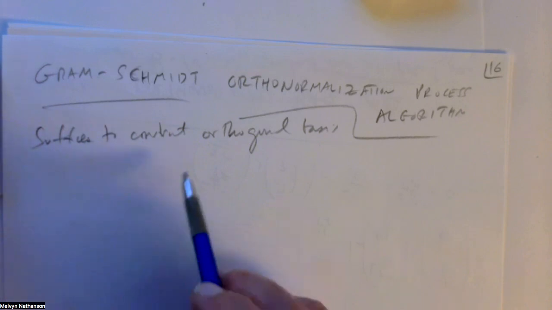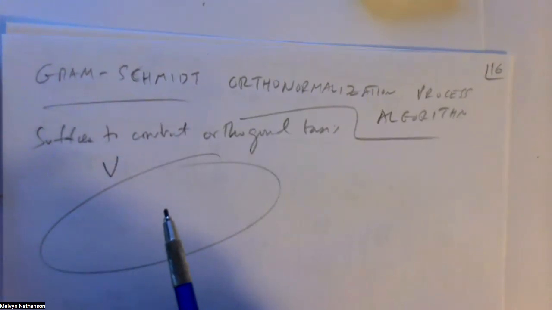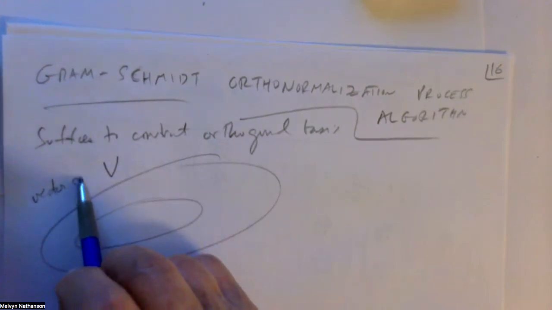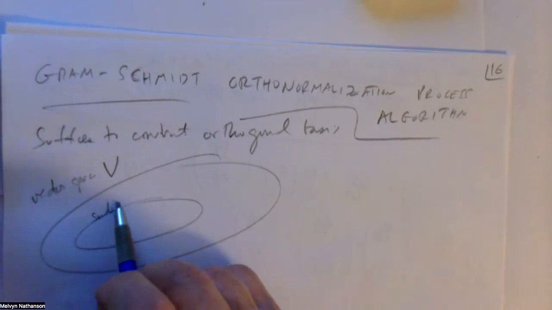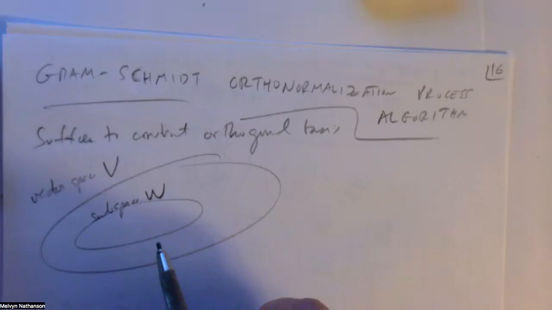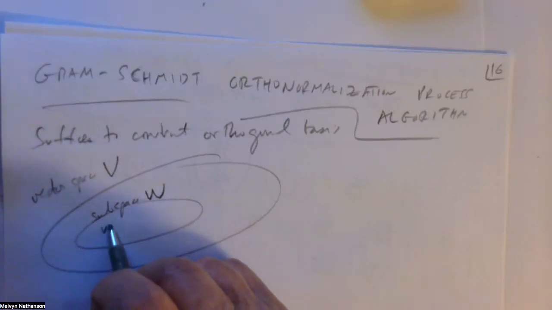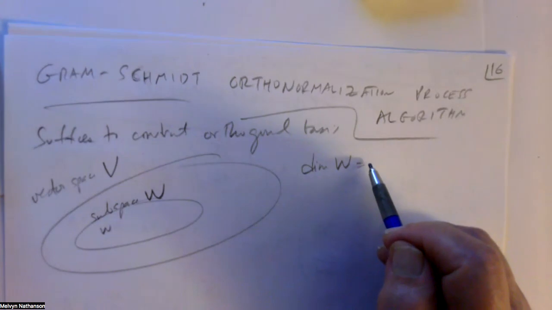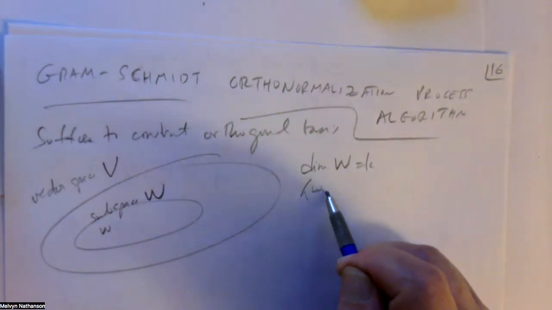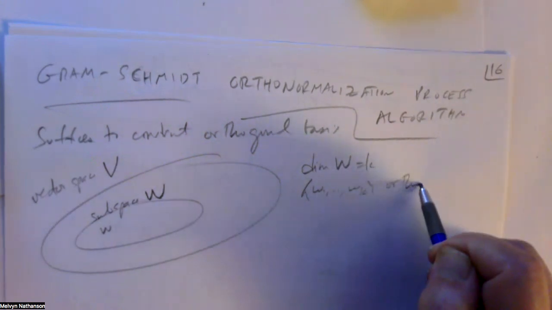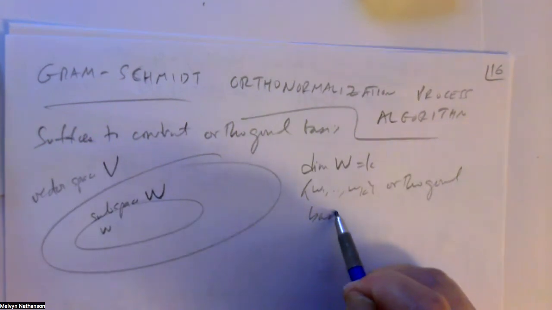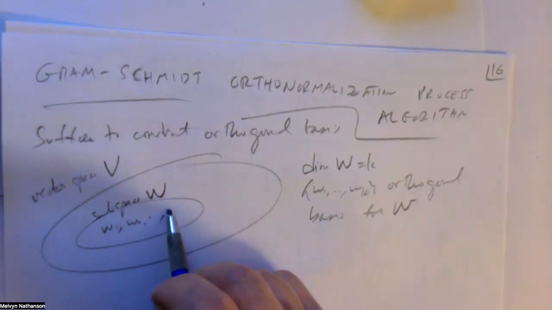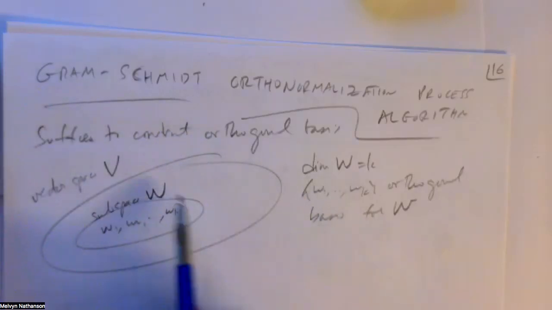So we have sort of a picture like this. Here's my vector space V. Inside of V, we have a subspace W. And let's say the dimension of W is K. And suppose we have W1 up to WK, an orthogonal basis for W. So sitting inside of W, we have these K vectors, which are linearly independent and span the subspace.